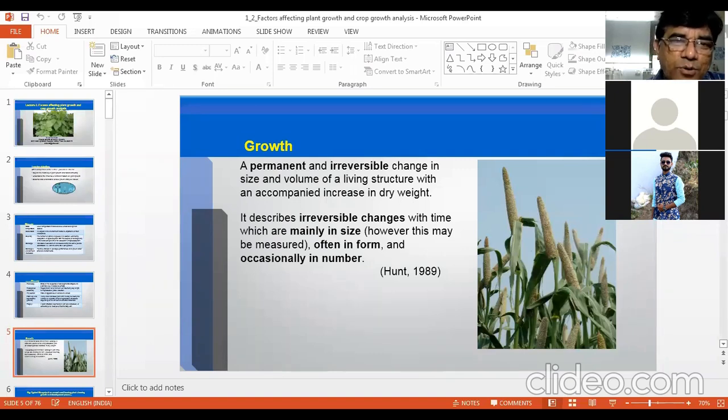So if we know the growth pattern of the plant, we can use our resources according to the demand. Means the phases or stages where you get rapid growth, at that stage the plant may need more resources, more inputs. So we can optimize the inputs if we know the growth pattern of the crop.